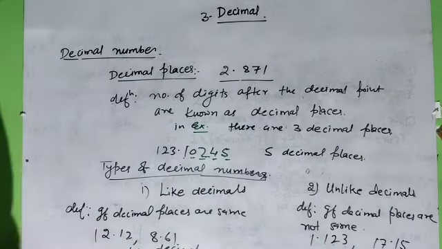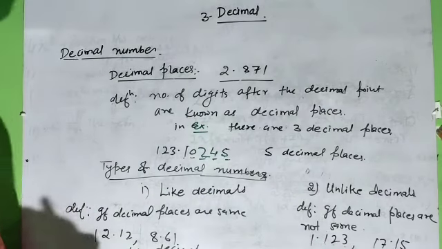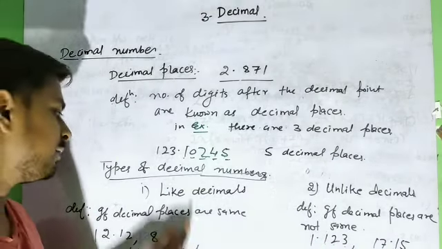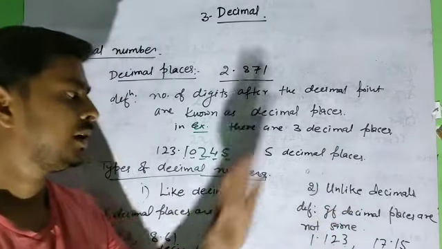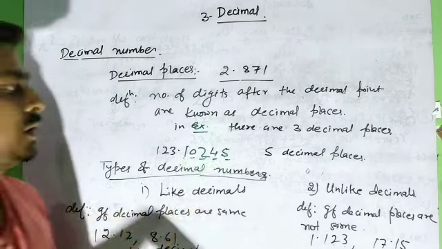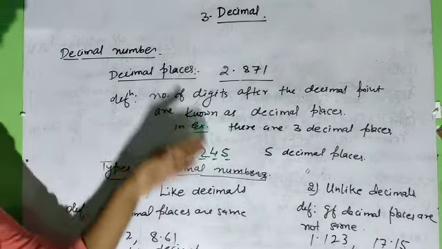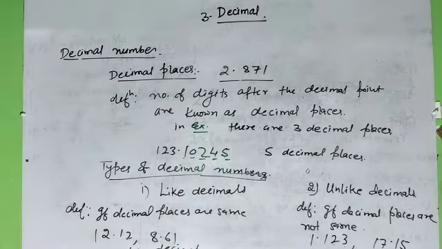So I hope that you have got the definitions. Very easy definition. If decimal places are same, then that is known as like decimal. If decimal places are not same, then that is unlike decimal. So note it. In 2 minutes we will move on.